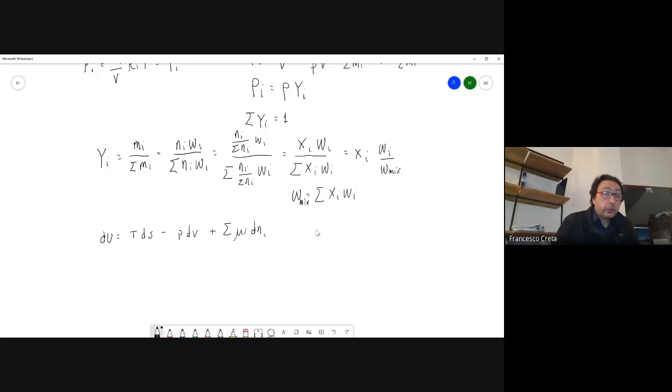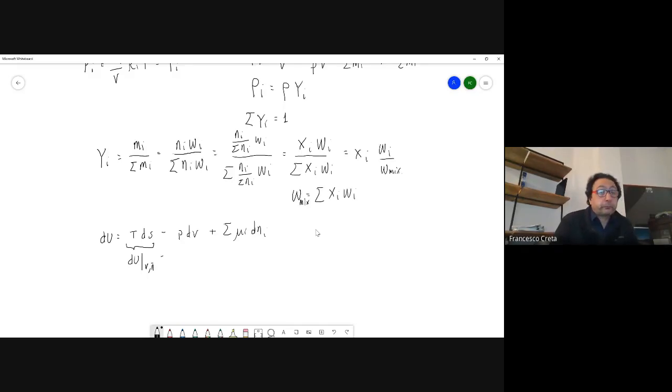Now, this is clearly the part of the total dU which you calculate at constant volume, where dV is 0 and the composition is kept constant.